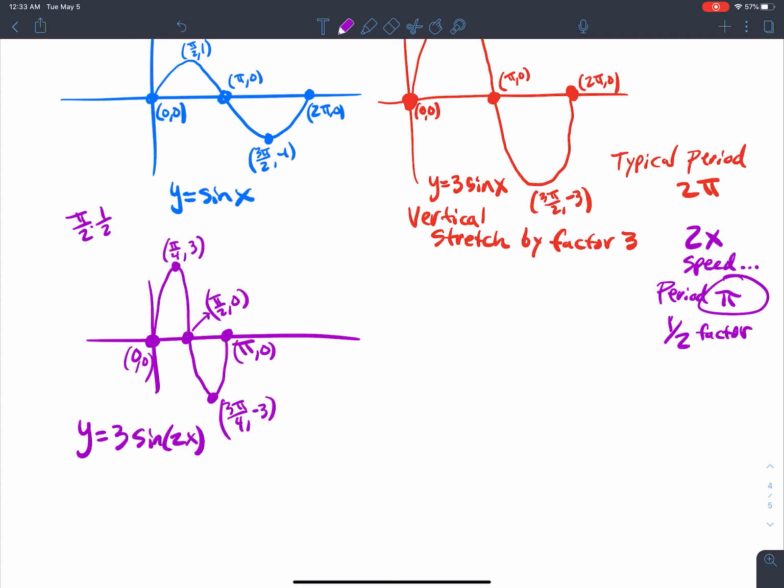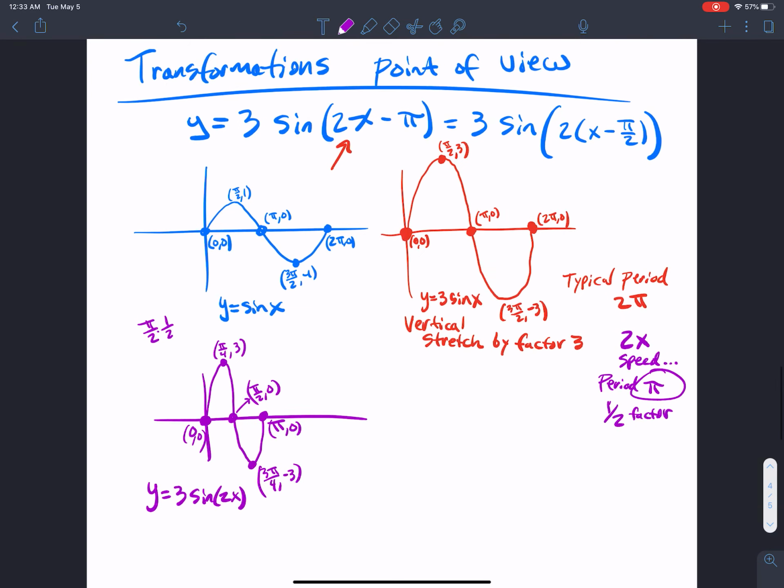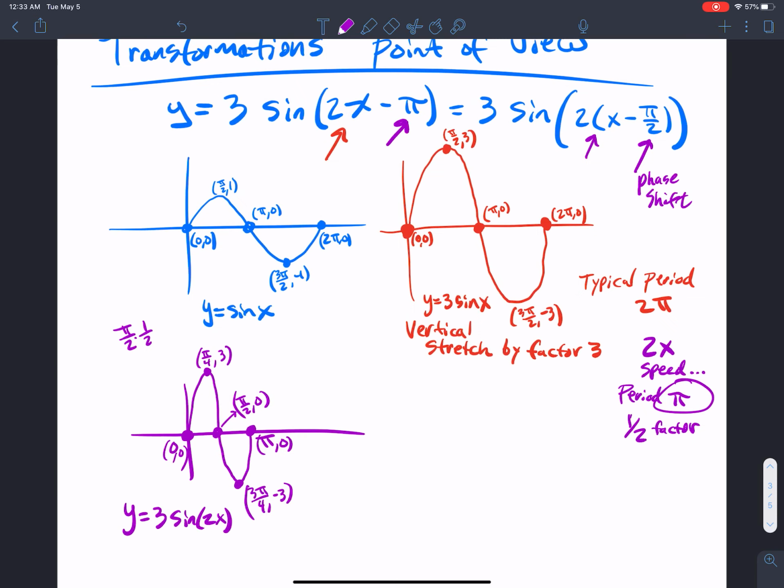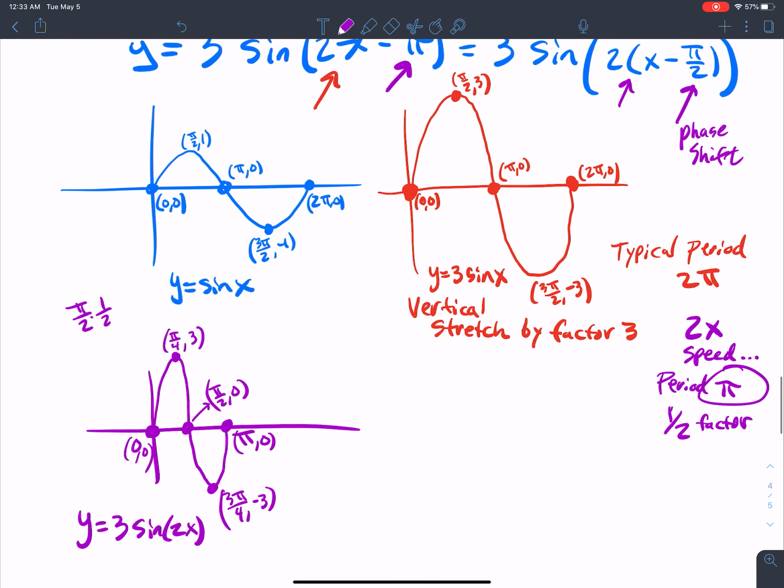Double your speed. Now the last thing we need to do is shift it. Well, it's not a shift of pi units. When we factored the 2 out here, we saw we had a phase shift. A phase shift of what? Our phase shift is pi over 2. Okay?